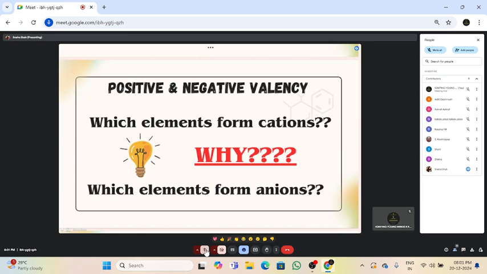That is why metals and non-metals mostly react with each other. That is the reason why metals form cations and non-metals form anions. Cations are positive ions, that is they lose electrons, and anions are negative ions, that is they gain electrons. Is that clear now, everyone?